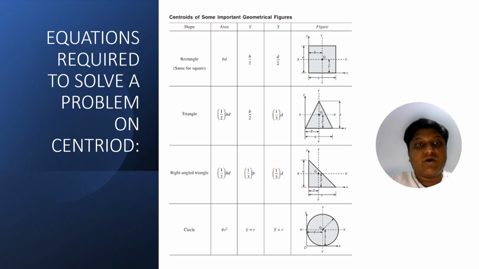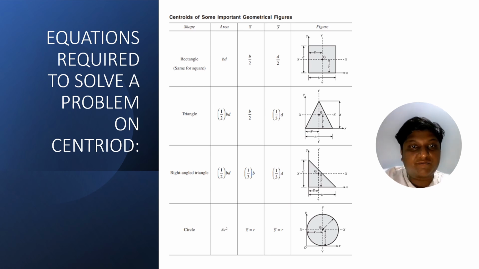While finding a centroid, the first thing we do after we know the shape is find the area of that shape. For a rectangle we know the formula is b into d, breadth into height, but for height instead of h we have taken d over here. After finding the area we find the x bar, which is the centroidal distance from the x axis.